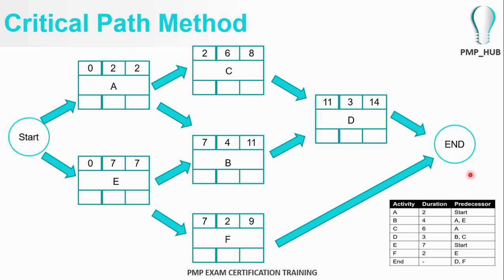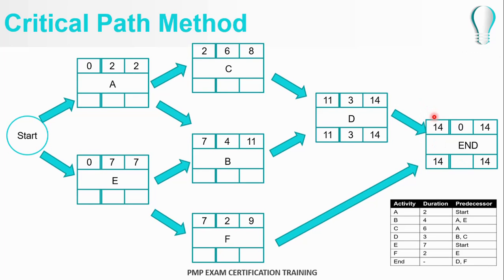Since there is no activity at the end, in order to make the calculation easy, we will substitute this end with a zero activity, a zero day activity milestone. So this is the end. The earliest finish time is day number 14.